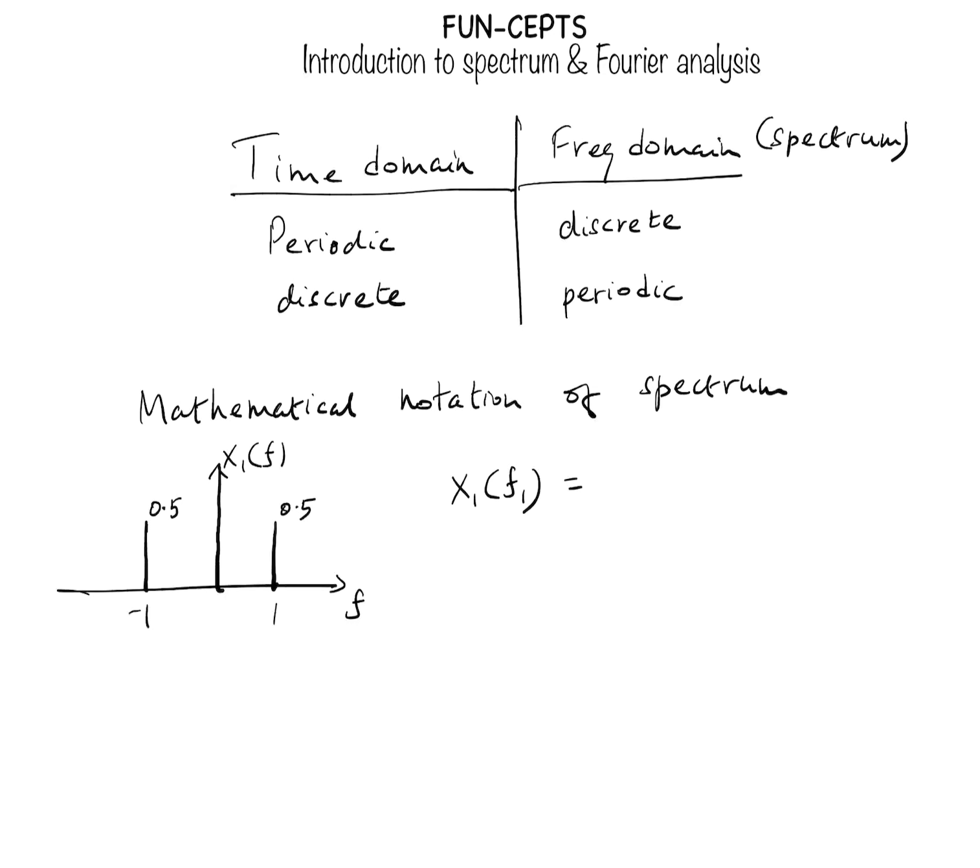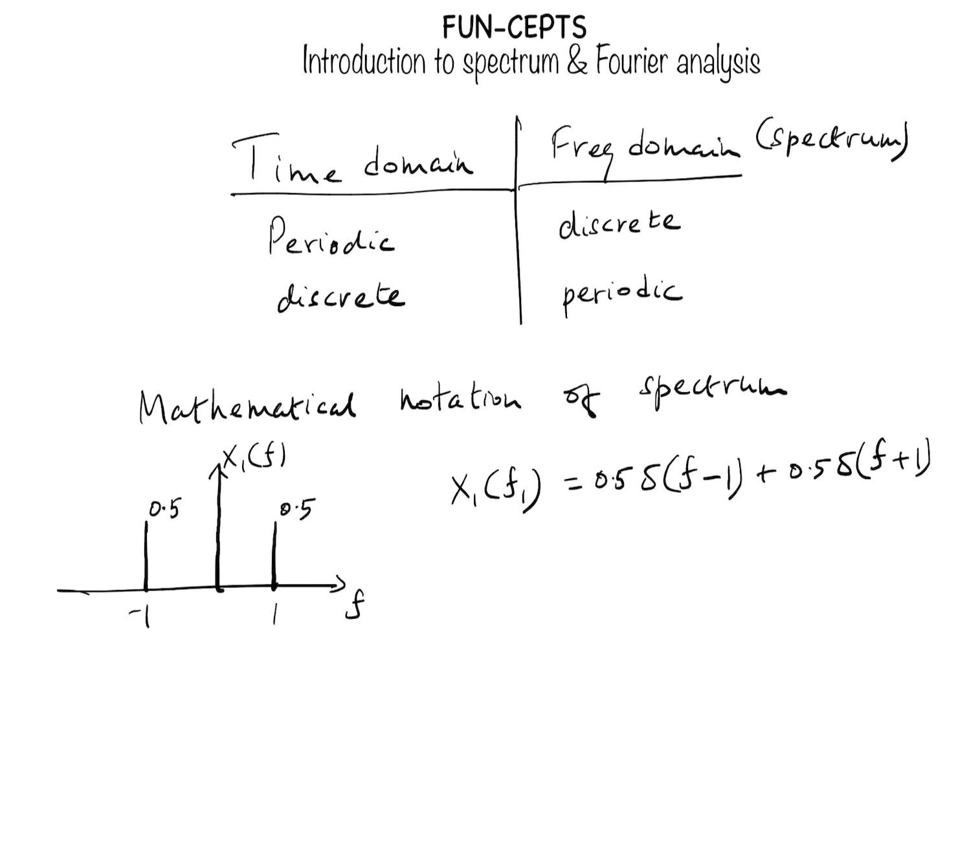So it is a delta function, delta of f, but shifted to the right by 1, so it's delta of f minus 1, and it has an amplitude of 0.5, so we write 0.5 delta of f minus 1. We also have a corresponding component at f equal to minus 1, so plus 0.5 delta of f plus 1. So this is our spectrum, or the Fourier transform of x1 of t.